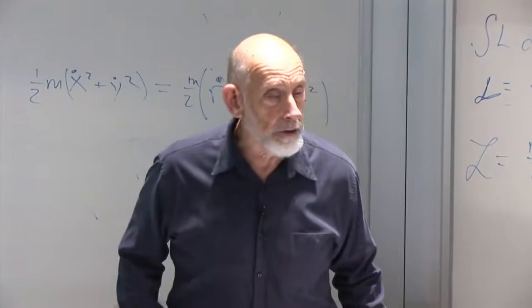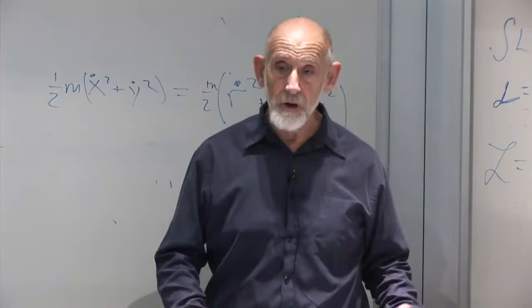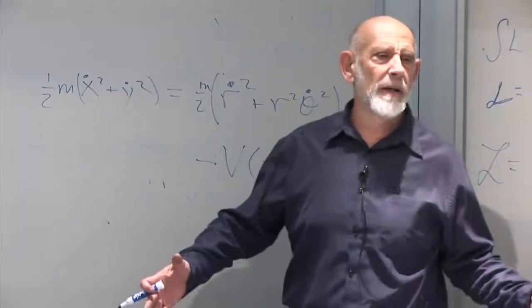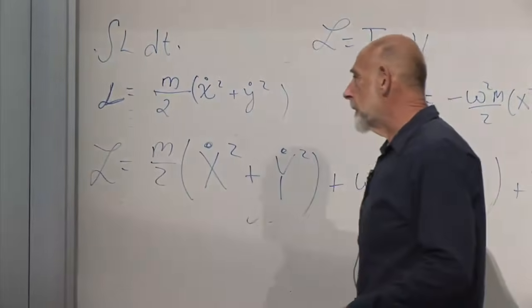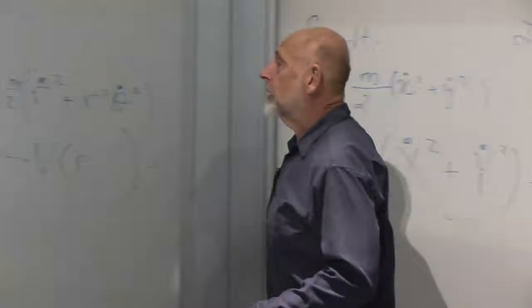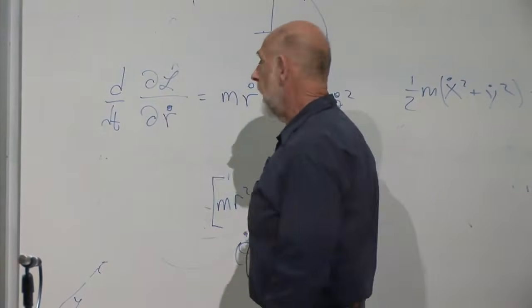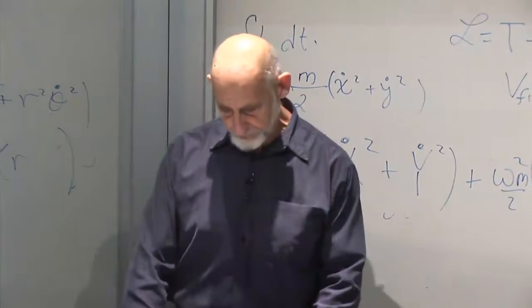One way of saying it is that the Euler-Lagrange equations are invariant on the coordinate. They take the same form in every coordinate system. It doesn't matter what coordinates you use. So they're an efficient tool for changing coordinates. And number three, the idea of a conservation law coming when a certain coordinate doesn't appear in the Lagrangian.